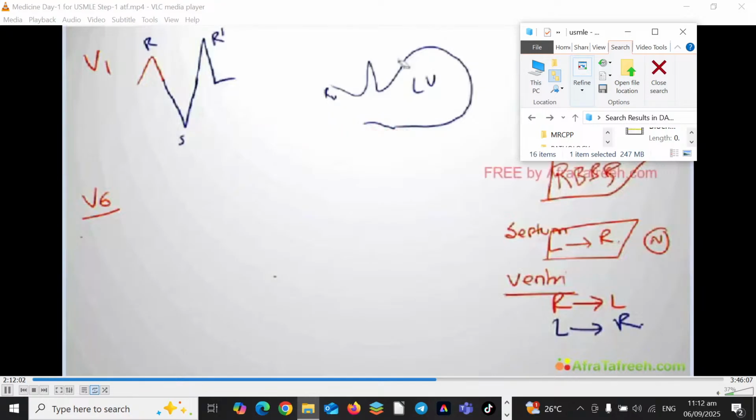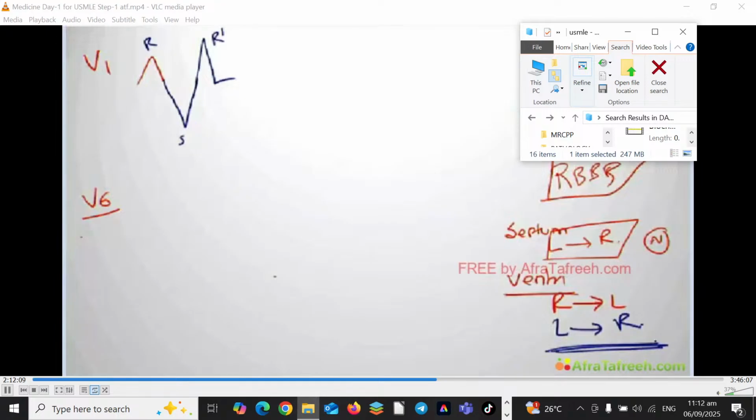So when you are seeing the left bundle branch block, the right bundle branch block, though the ventricle is depolarizing from the left to the right, the LV will have an impact on the ECG. And when LV gets activated, for the right side, it is always going to be in the opposite direction.